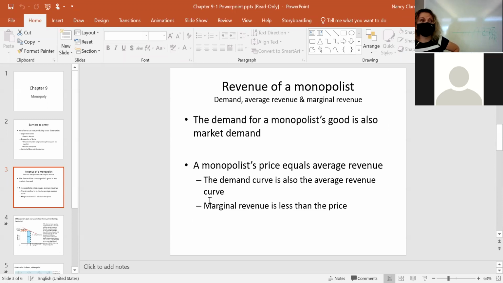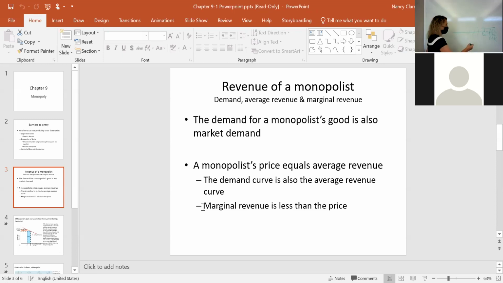So D equals AR, okay, downward sloping. And marginal revenue is no longer the same curve, no longer the same line. It's new, it's different, because marginal revenue is always less than the price under monopolistic conditions after the first unit sold. And we're going to walk through that here in a minute, so just hang on to that.